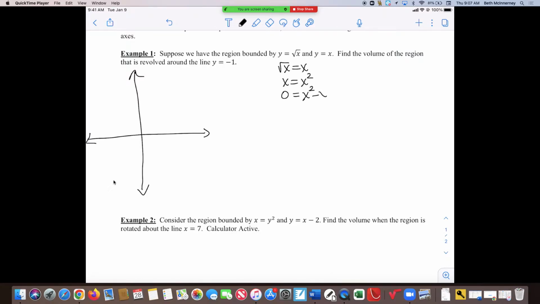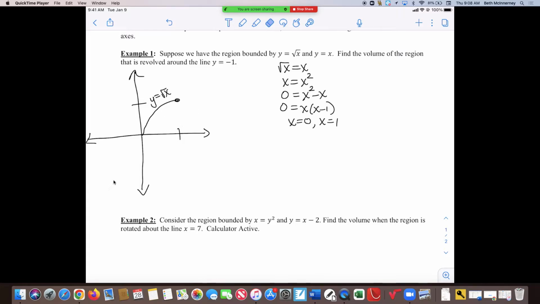I personally like to know where my intersections will be. So that will give me x equals 0 and x equals 1. This is y equals the square root of x, and this one is y equals x. Oops, I was thinking of the one from yesterday.